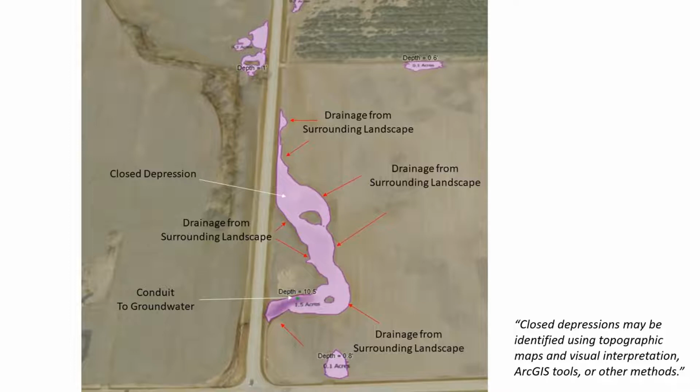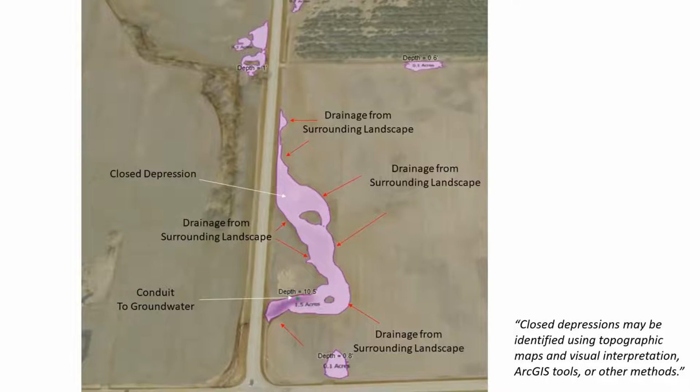I have to give credit to Brian in our office here, who really used this as an example to show the purple or pink boundaries of the closed depression that's been mapped. The deeper color shading indicates depth.